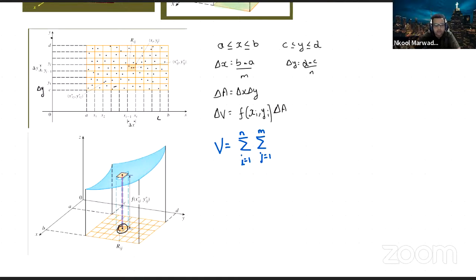And I will do it for f of xi comma yj, and because dA will be the same, I will call it delta A. Because for different heights, I will multiply whatever height I get at that particular point with the area to get the volume of that particular block. In this way, all the volumes I get, I will add up.